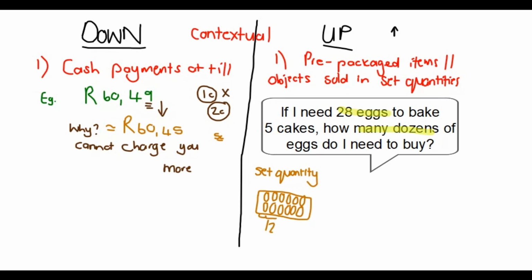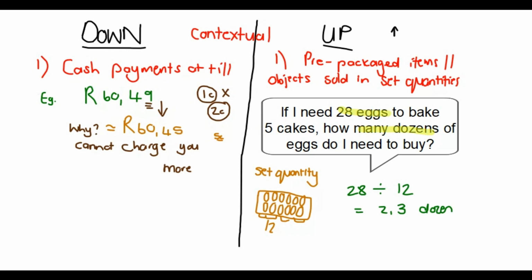Okay, there you go. Now it's a typical division sum, right? I need 28 eggs, and I divide it into dozens. How many dozens are going to come out of there? 2.3. Put that in your calculator. That's 2.3 dozen.